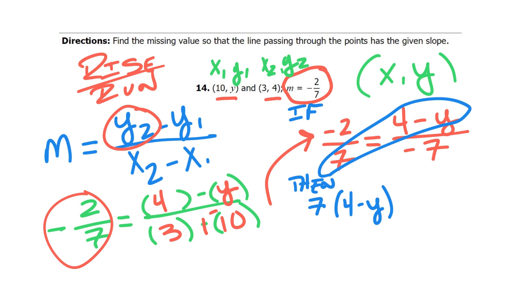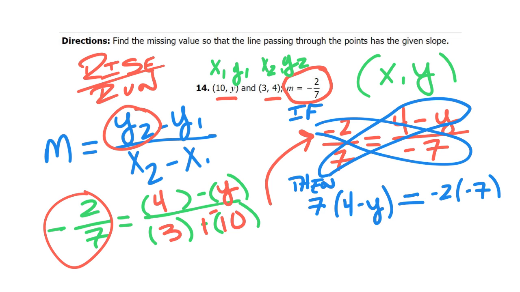So 7 times the quantity of 4 minus y has to be equal to the other cross product, negative 2 times negative 7. And then I look at that and I go, have I seen something like this before? And you have. That is a multi-step equation. The reason that I chose 7 times the quantity of 4 minus y is because my variable will be on the left-hand side and will be easier.